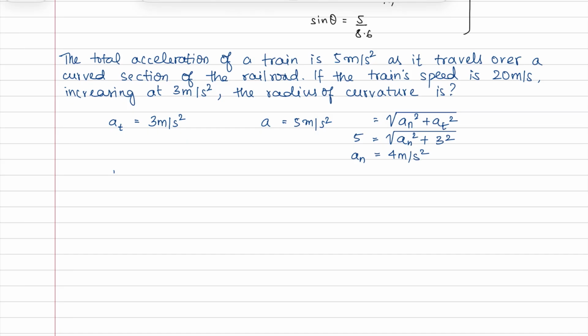Now we know that an is equal to v square over r, which is equal to 20 square over r, which we just found is equal to 4, giving us the radius of 100 meters.